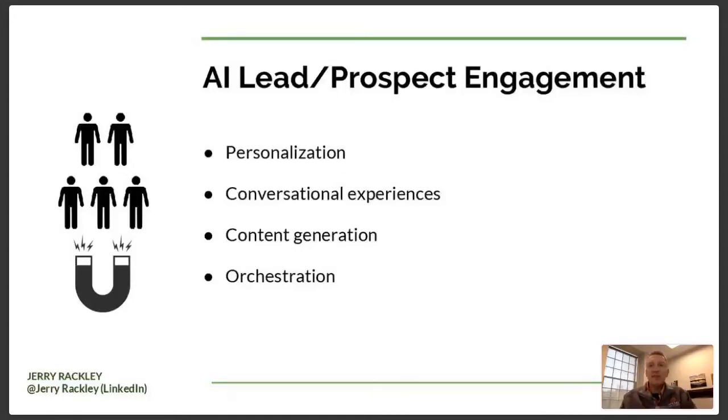How many of us, during a chat session we've had online with some company, couldn't really tell if we were chatting with a human or with a chat bot? And sometimes we'll even ask to find out, hey, are you real? AI can generate content and orchestrate its delivery to leads and customers based on signals such as prospects visiting a certain page on your website. And then it can optimize the timing of that delivery. So these are some of the things that AI can do.